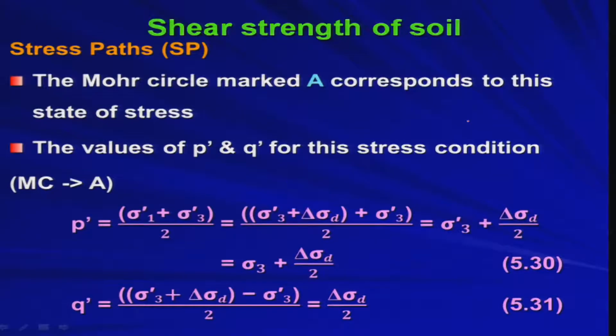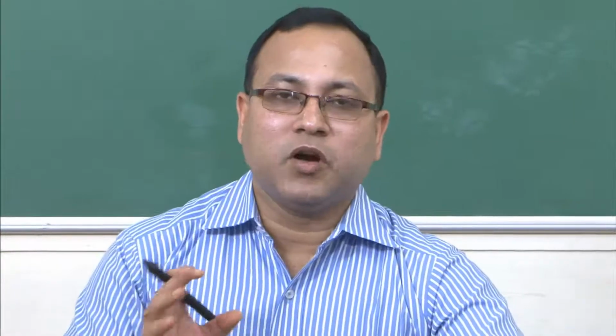Okay. Now the values of p prime and q prime for this stress condition, for Mohr circle A. We are going to find p prime and q prime when the state of stress is represented by Mohr circle A. At that time p prime is the distance of the Mohr circle center from the origin, right.